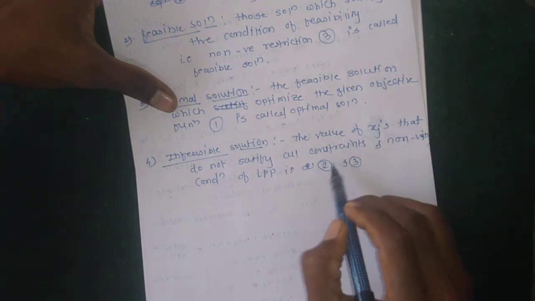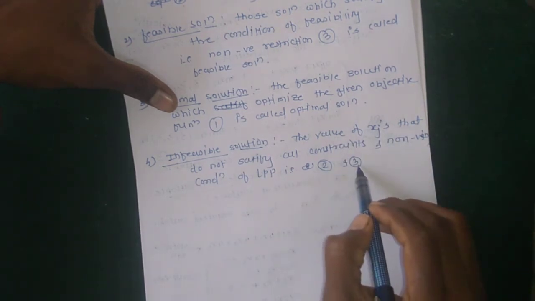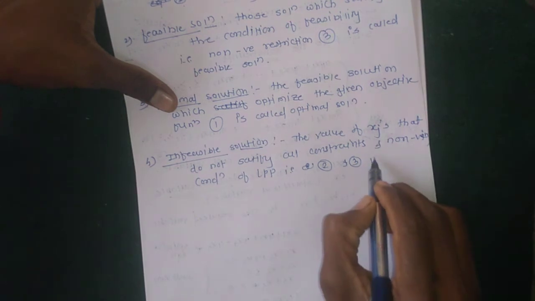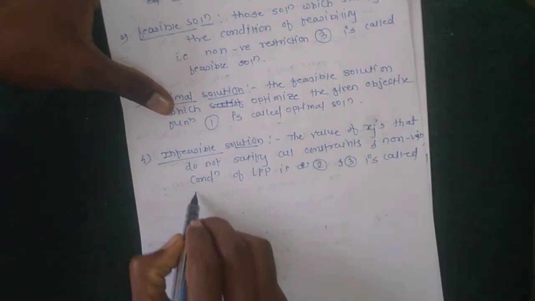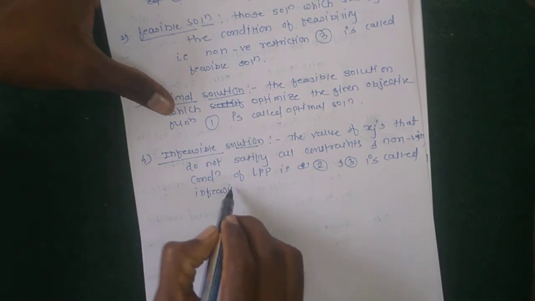If the values of xj do not satisfy equations 2 and 3, it is called an infeasible solution.